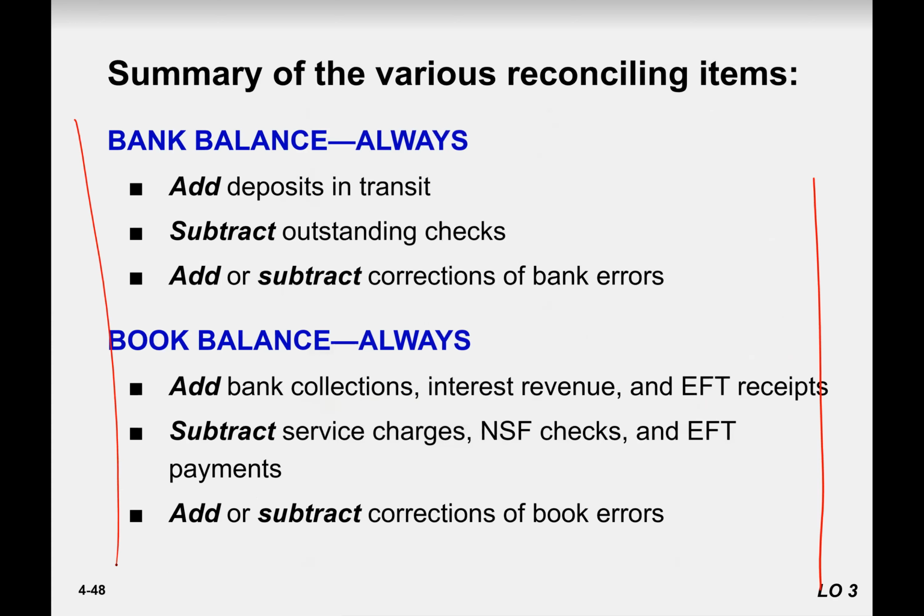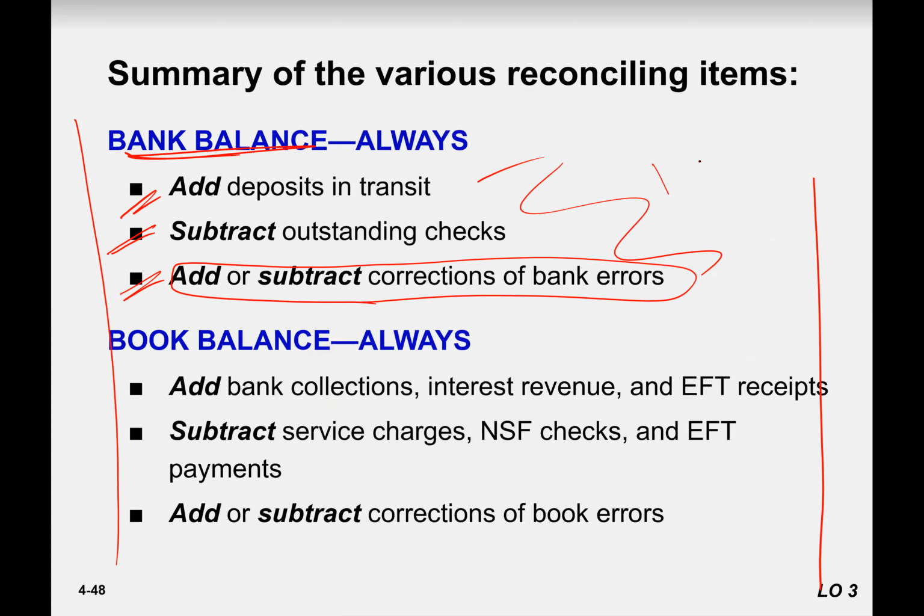Bank balance, always. On the bank side, always add deposit in transit, subtract outstanding checks, add or subtract any kind of corrections here. Do we need to make entries of this one? No, we don't have to do anything because the bank will rectify itself.